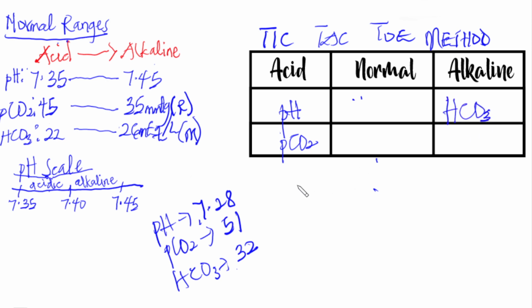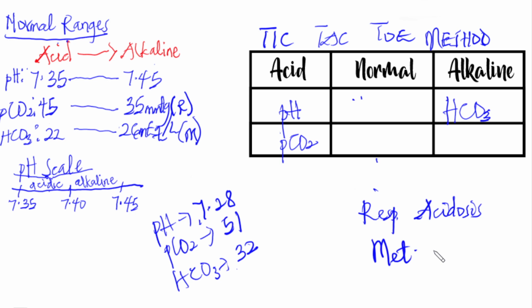Now look at that. You realize that the column which is fully filled is the acidic column, meaning still we are dealing with what? Acidosis. Is it respiratory or metabolic? You realize the respiratory parameter filled it, meaning we are dealing with respiratory acidosis. However, the bicarbonate levels are not normal. The bicarbonate is in the alkaline column, and we know bicarbonate is a metabolic component, meaning there's also what?